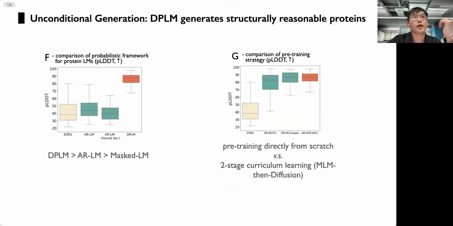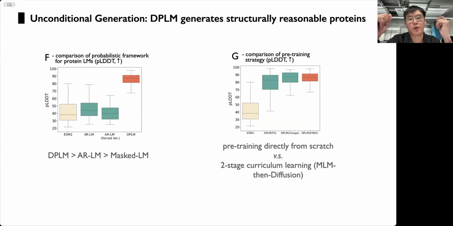And we also confirm our intuition that the diffusion model is the best suited framework for protein language modeling, which is better than the autoregressive language model in generation and better than the masked language model in generation.